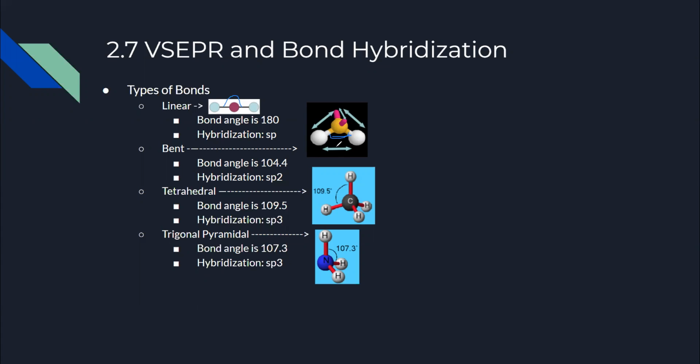The bond angle is 104.4 and the hybridization is sp2. For tetrahedral, the bond angle is 109.5, which is shown over here. You could also show it like that. That's 109.5 degrees and the hybridization is sp3. For trigonal pyramidal, the bond angle is 107.3 and the hybridization is sp3 also.